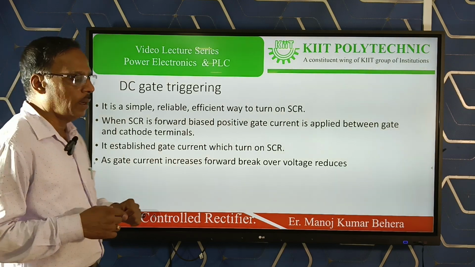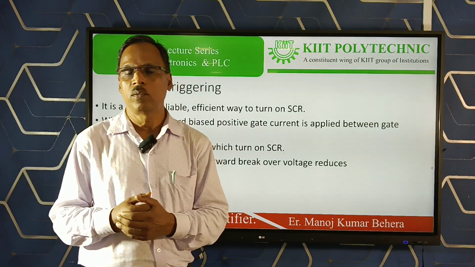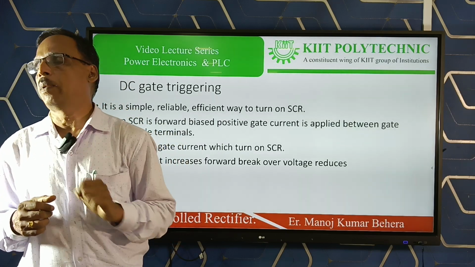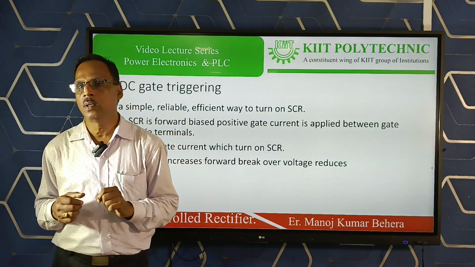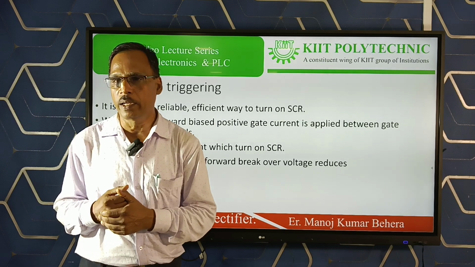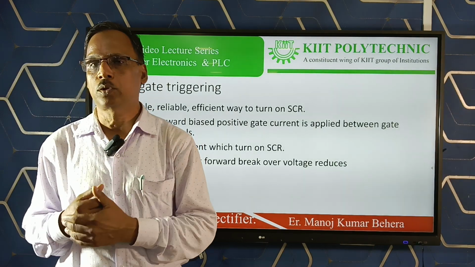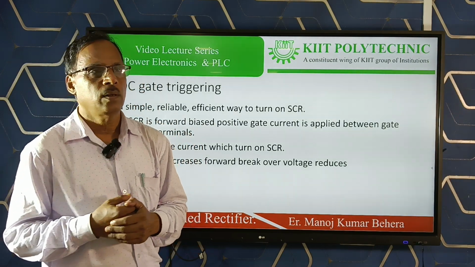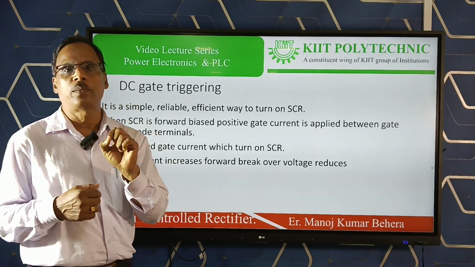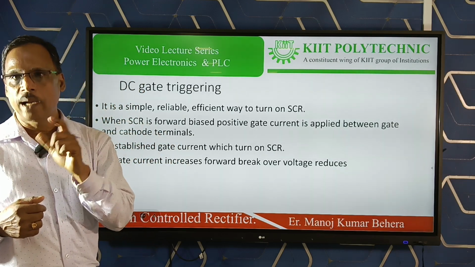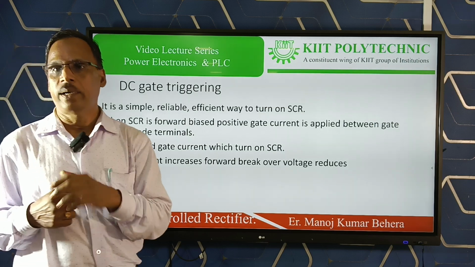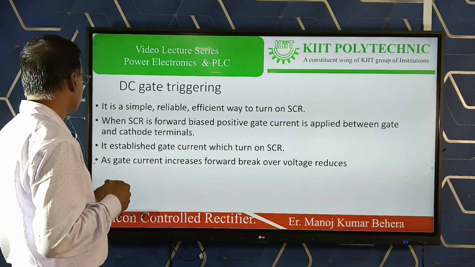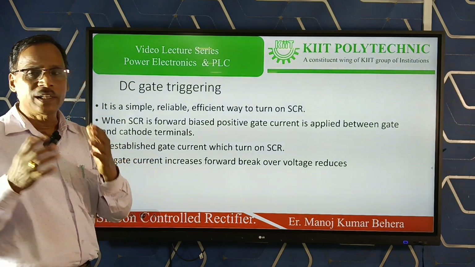Next one is gate triggering. We have explained that we can apply a DC supply to the gate, an AC supply to the gate, or a pulse to the gate. Only 5 to 6 volts is required across the gate for DC gate triggering. What is the advantage of this method?